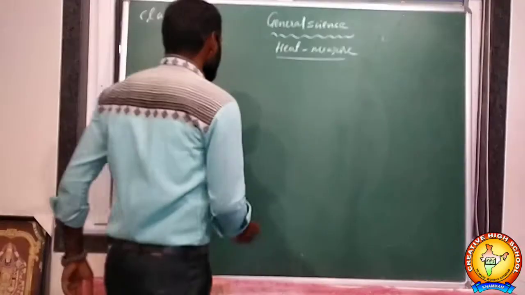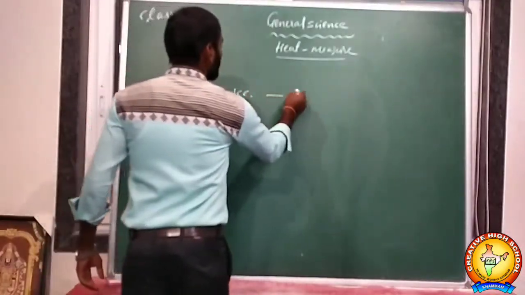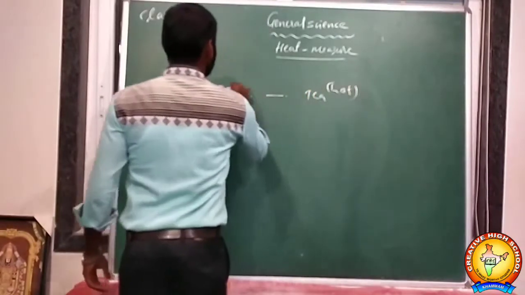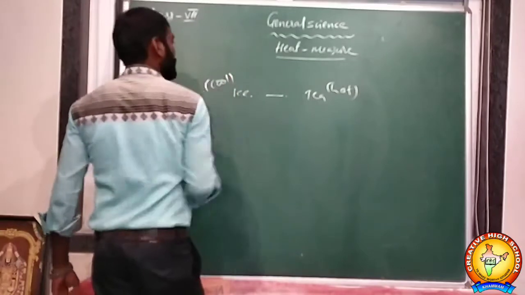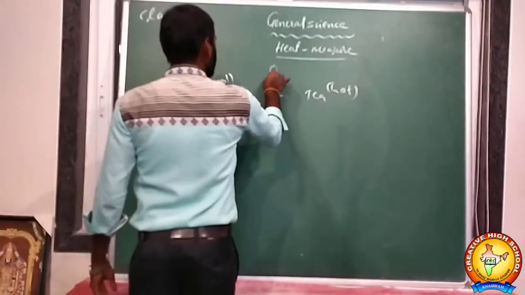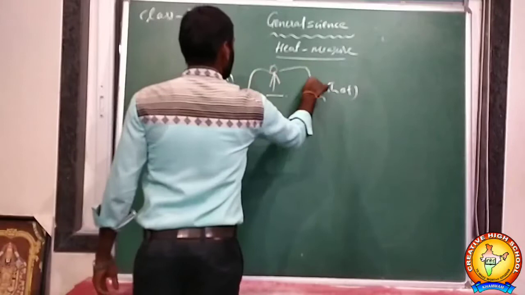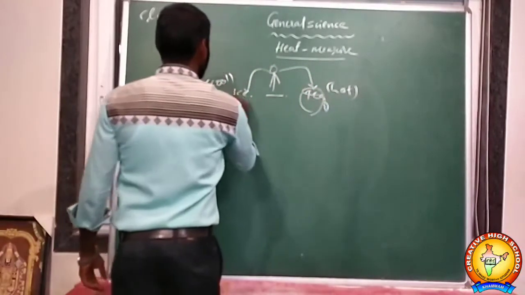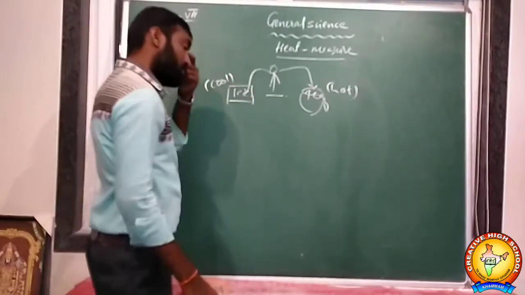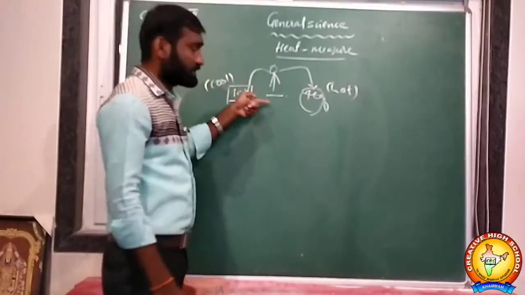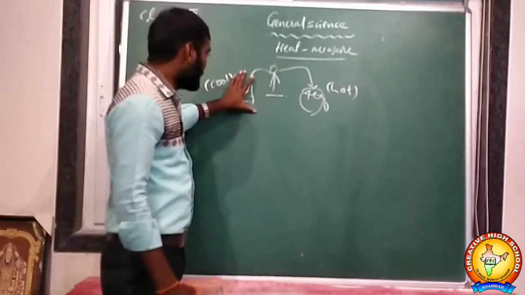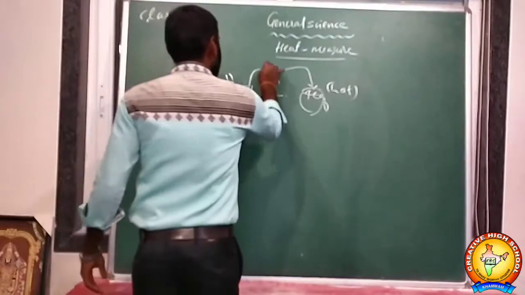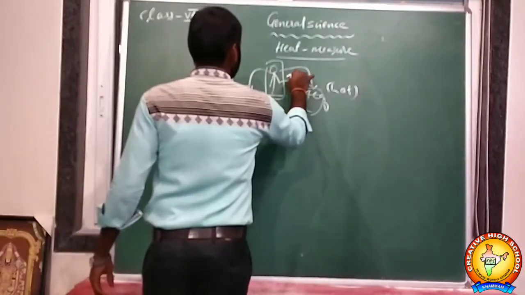Take an ice cube and a cup of hot tea. When you place a finger in the cup of hot tea and a palm on the ice cube, we feel based on the comparison with our body temperature.